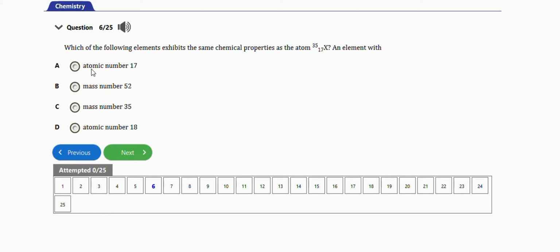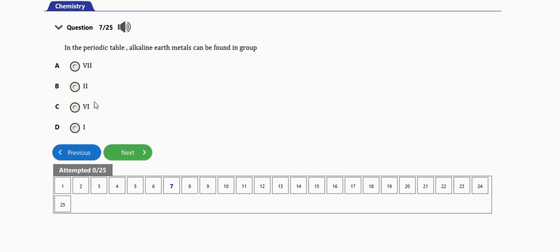So the right option will be option A, atomic number 17. They have the same chemical properties as this atom. This atomic number is the proton number, basically. The next question will be this one. It says in the periodic table, alkaline earth metals can be found in group 2, option B.